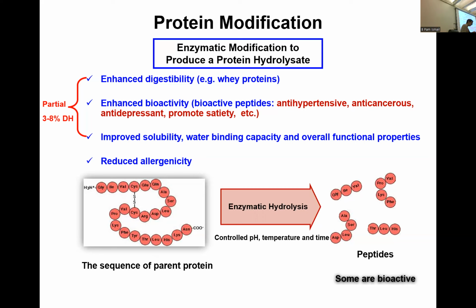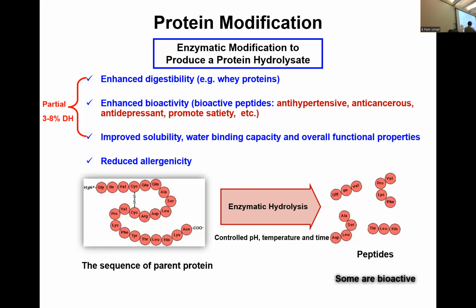They cut at specific regions. Other enzymes are called peptidases. They cut any peptide. And some enzymes are exopeptidases or endopeptidases. If they are exo, they are cleaving from the outside one or two or three amino acids. Endo, they go in and chop anywhere.